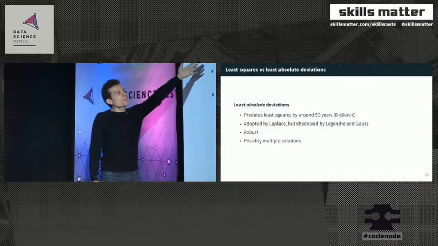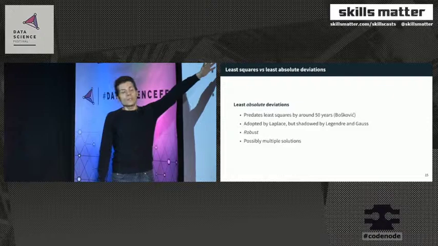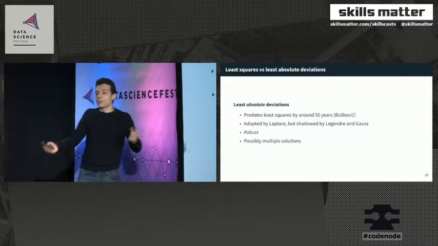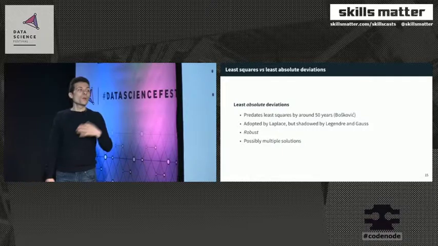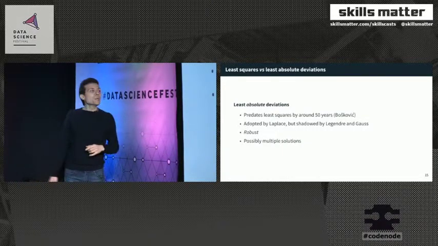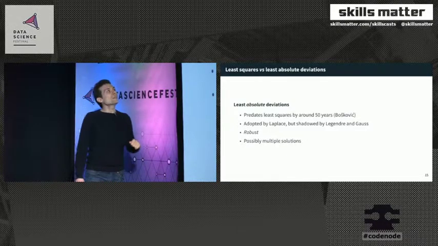And Laplace said, yeah, I think that's a great idea around 30 years later, but then another 20 years passed, and Legendre and Gauss came around, and they were big fans of squared residuals instead, so that's what won eventually. So this is where we are now.